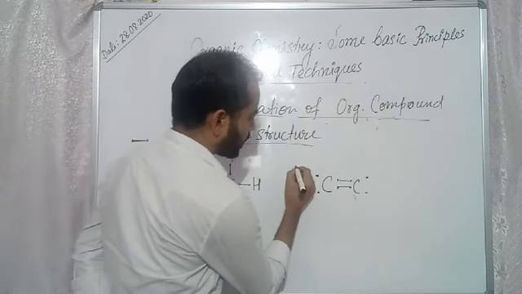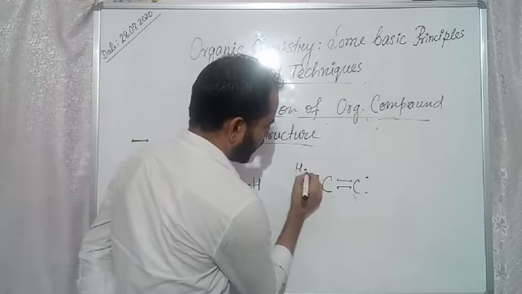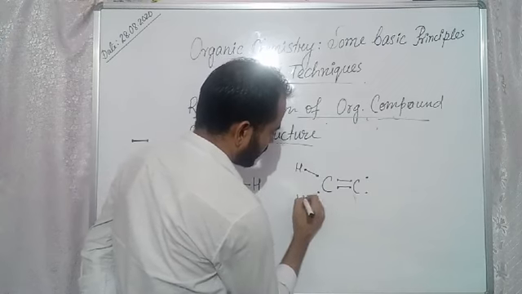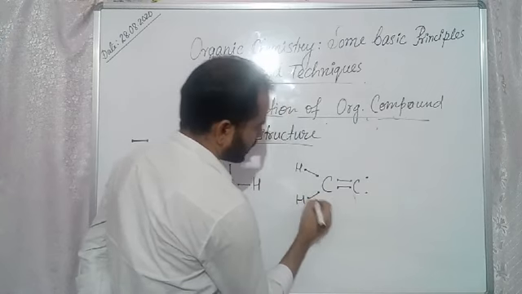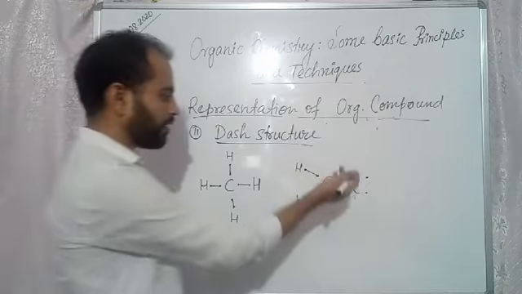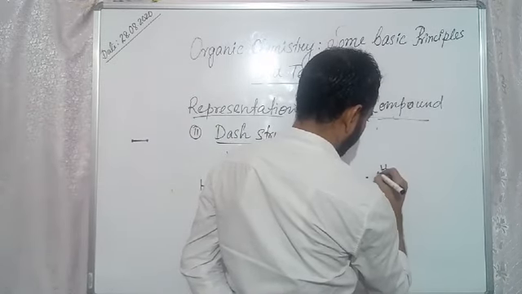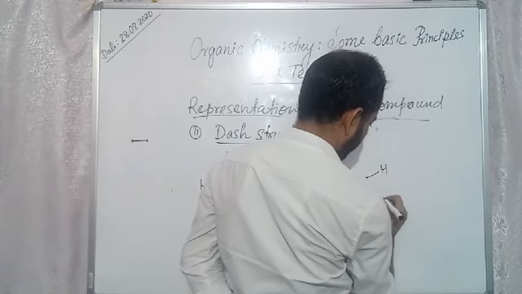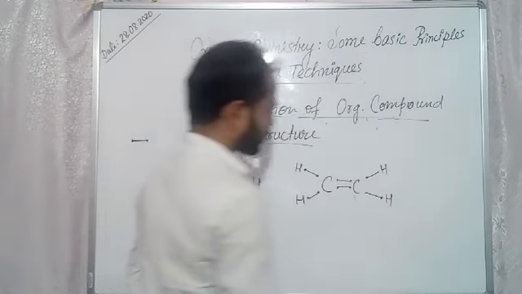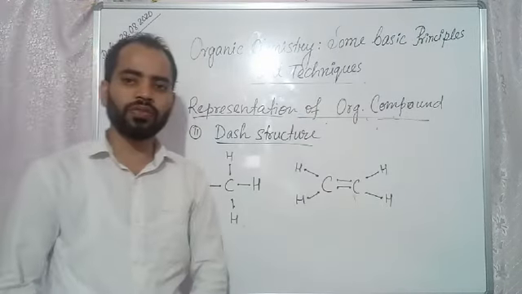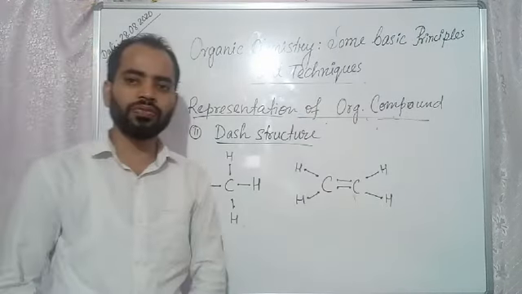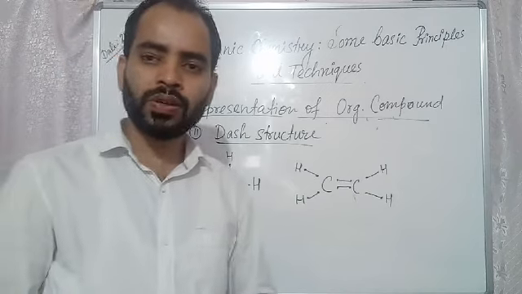And the remaining 2 electrons will be shared with hydrogen atoms to form 2 bonds. Similarly, for this carbon atom also, so this is the structure of the ethene molecule. This is called dash structure. Is it clear to everyone? Hope it is clear.